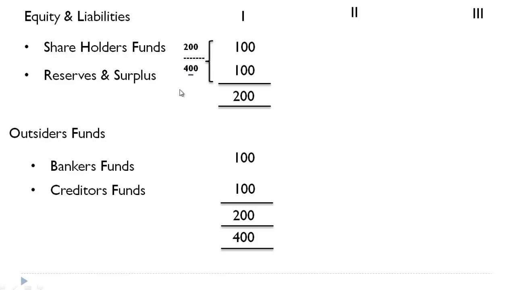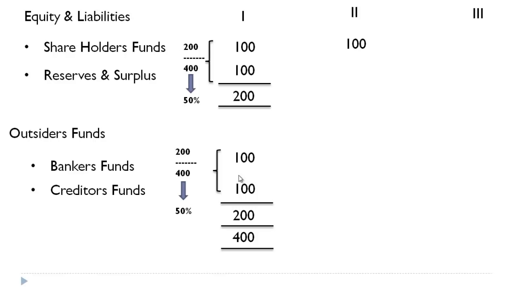So the shareholder funds constitutes how much? 50% of total funds. Whereas the outsider funds is also 200 on 400, which is 50%. So here you can understand that owners and outsiders are in equal proportion. They have contributed 50-50.